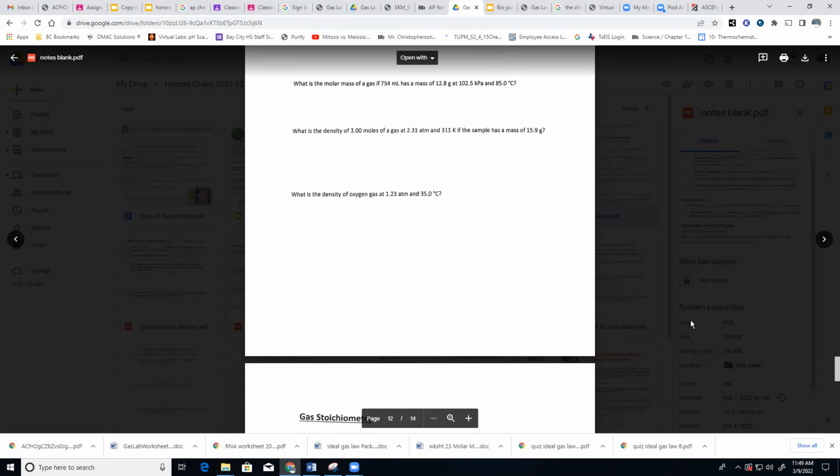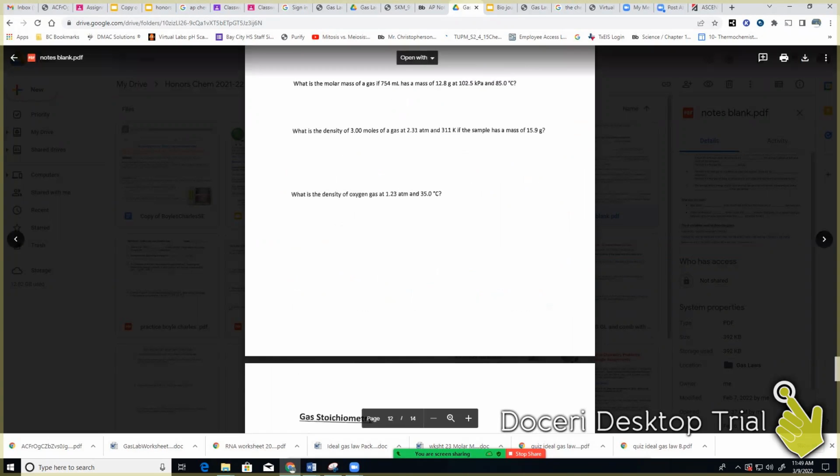All righty. So I'm just going to rewrite my formula here because I can't see it anymore. Molar mass times P over RT. All right. What is the density of 3 moles of a gas at 2.3 atmospheres? Temperature's already in Kelvin. And then I have 15.9 grams.